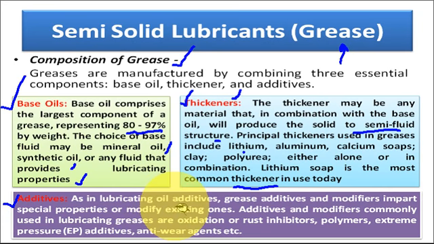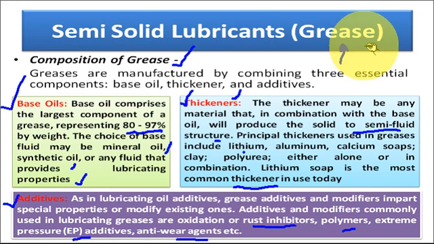As in lubricating oil, grease additives and modifiers impart special properties or modify existing ones. The additives and modifiers commonly used in lubricating greases are oxidation or rust inhibitors, polymers, extreme pressure additives or anti-wear agents. So these are some additives which are used in greases.